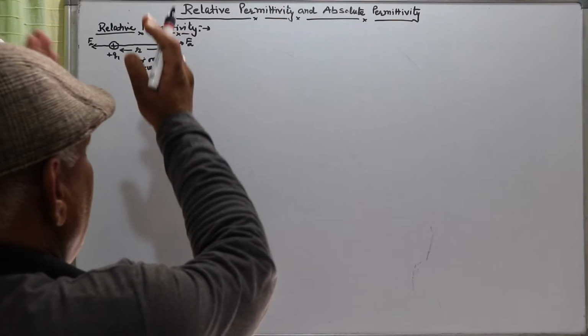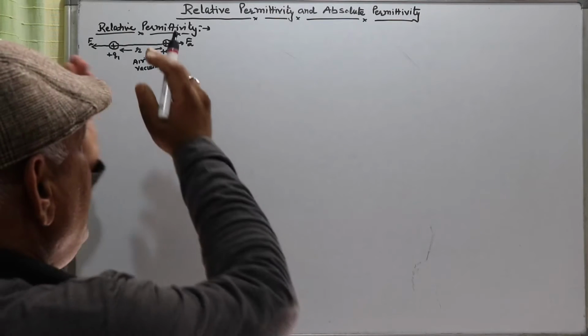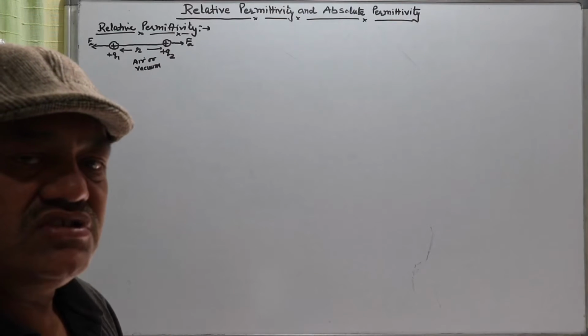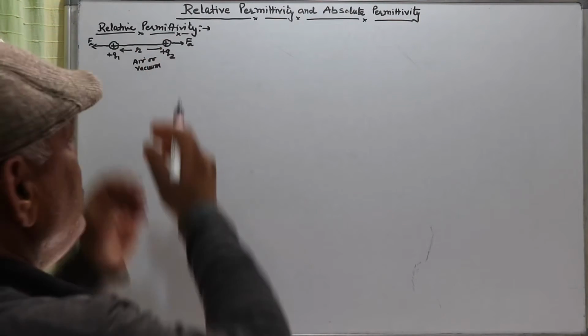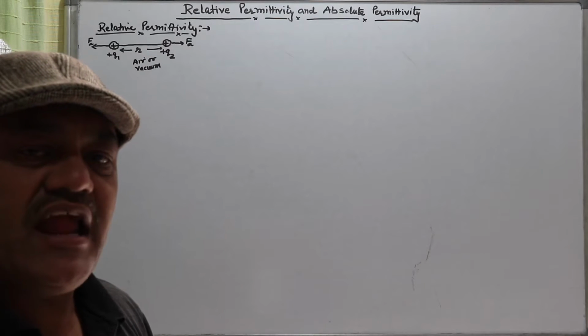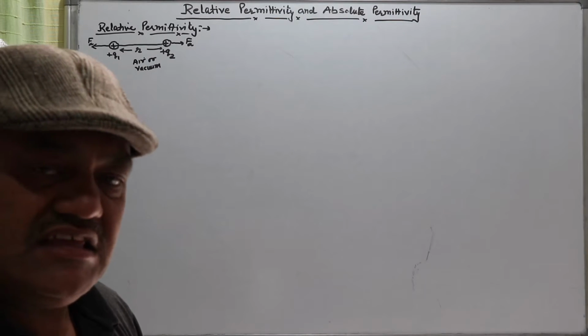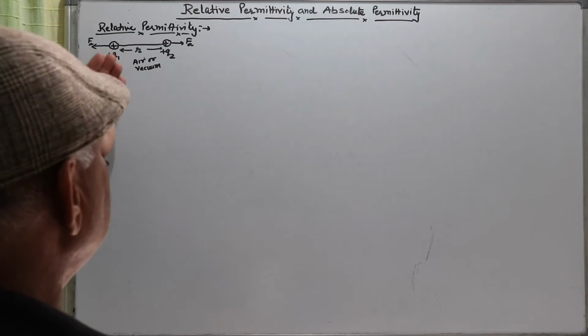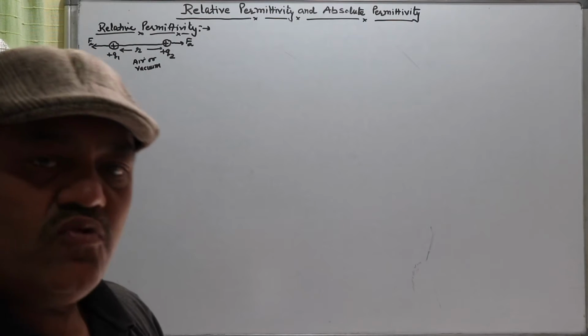Fa is the electrostatic force, the Coulomb's force, exerted by these two point charges Q1 and Q2 on each other when they are placed in air or vacuum.